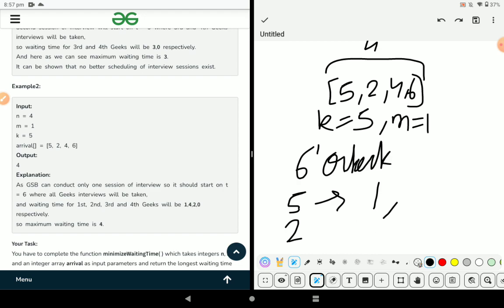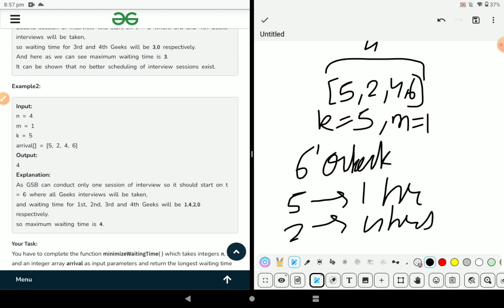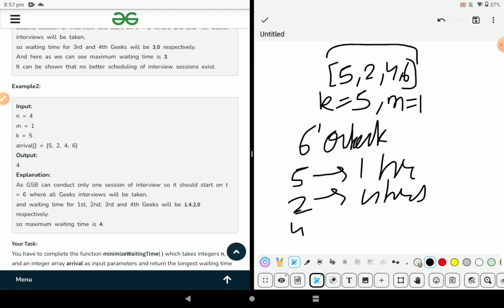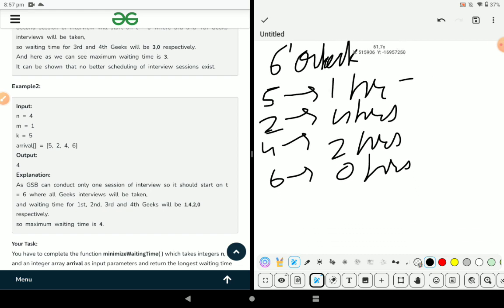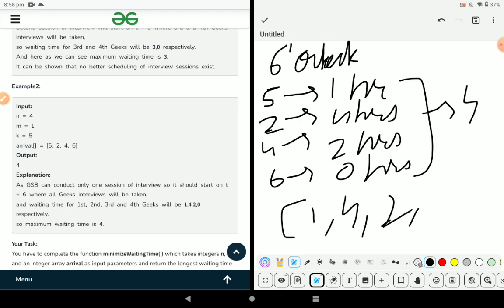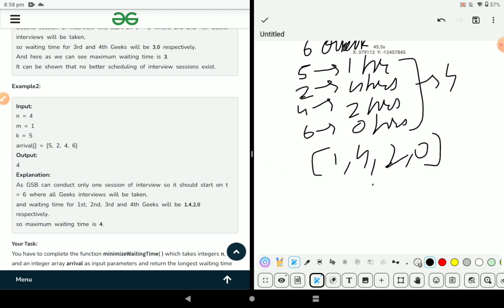The person at 4 o'clock sat for 2 hours, and the person at 6 o'clock came at the right time, so 0 hours. So the maximum time wasted is 4. Okay, 1, 4, 2, 0. Maximum is 4. So our answer is just 4.